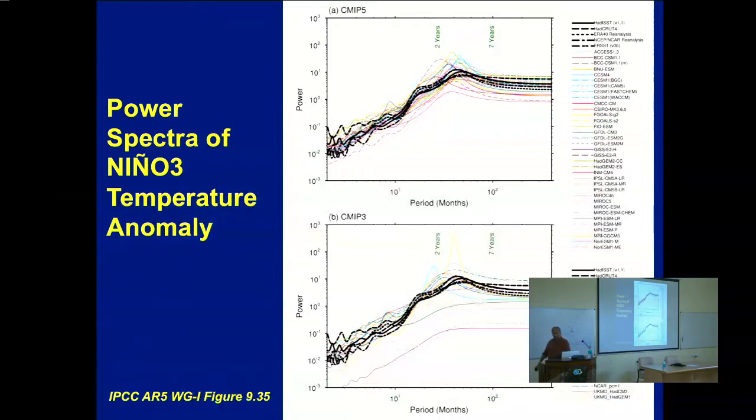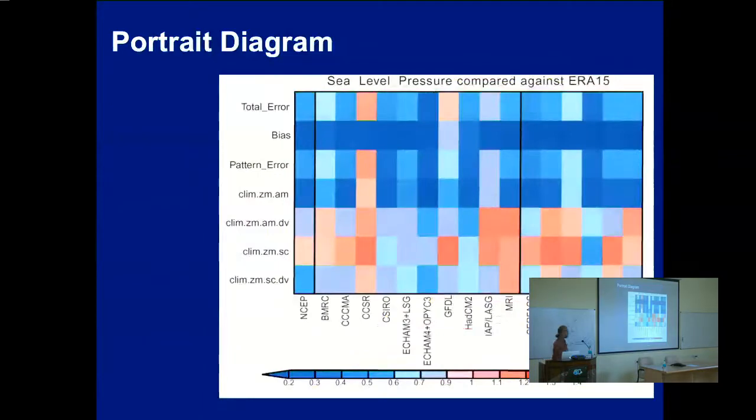So some of this, you can't make decisions about whether a model is good or bad based on just visual observation. So you try to do quantitative comparisons.